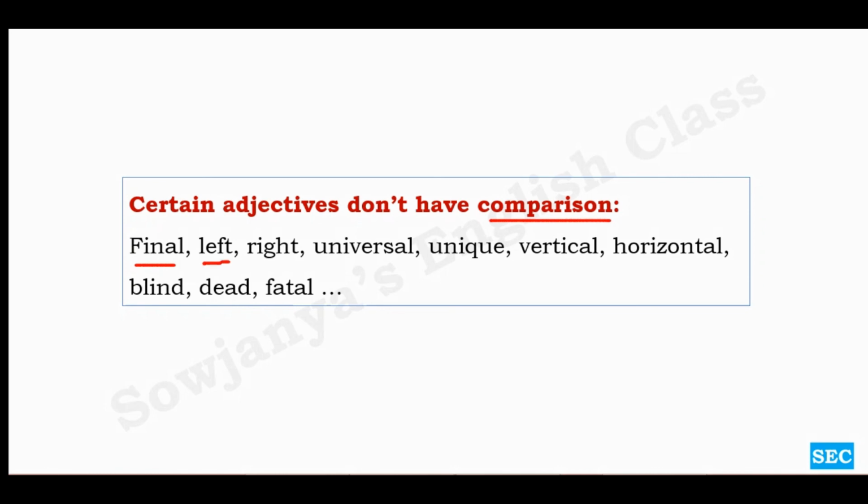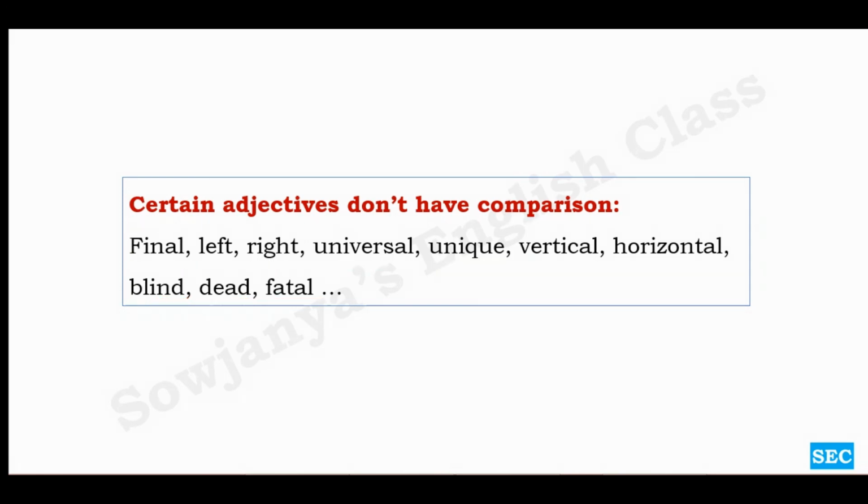And left, we can't say more left, more right. Universal, there can't be most or more universal. Unique, one and only, can't be more or most. More vertical, more horizontal, it is not possible at all. It doesn't make any sense. More blind, more dead, more fatal, we can't say like that. Of course, these are adjectives, but they do not have any comparison.